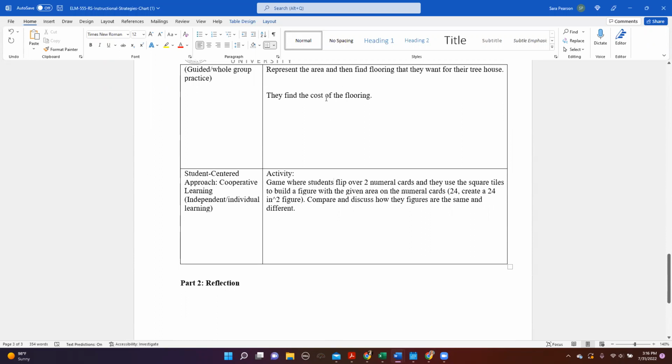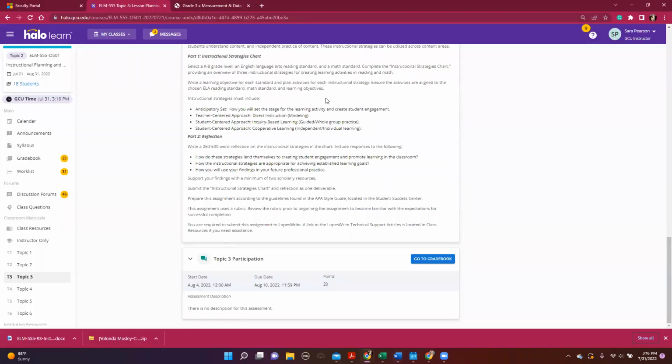And so I want to pay attention to those standards and how I'm really focusing in on those standards when I'm developing my activities. And then how will you use your findings in your professional practice? So what are you going to apply to that future teaching practice of yours?